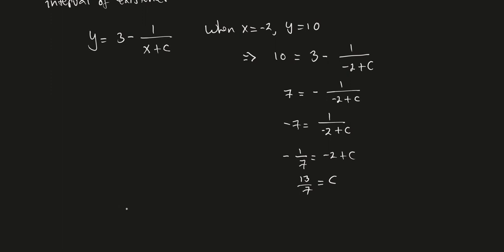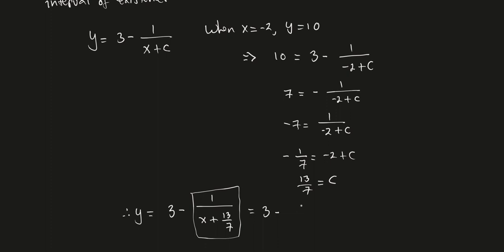So therefore, what is our particular solution? It's 3 minus, and then it's 1 over x plus, and then we have 13 over 7 there. So again, like we did earlier, let's go ahead and write this as, let's say, a single fraction. So first I'm going to multiply this fraction, the numerator and denominator, by 7.